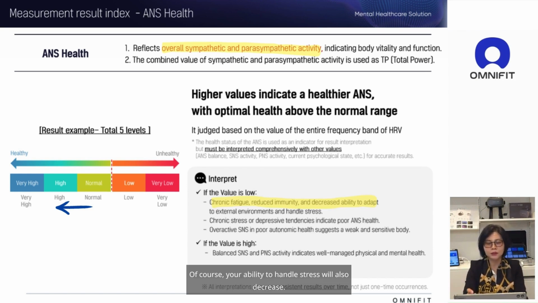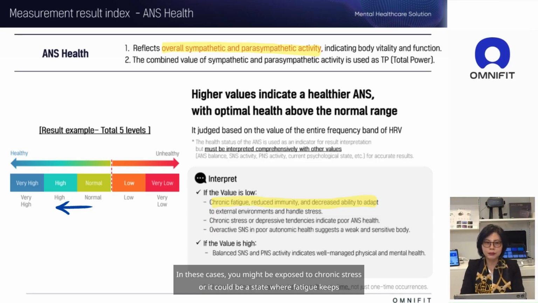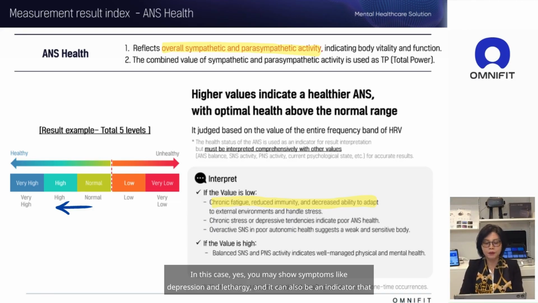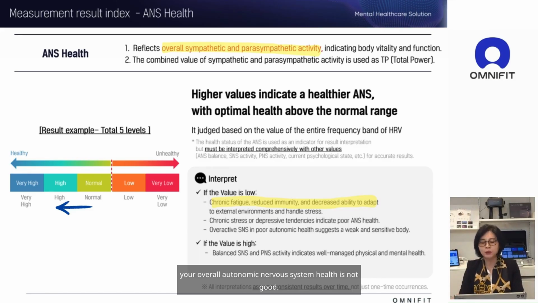Of course, your ability to handle stress will also decrease. In these cases, you might be exposed to chronic stress, or it could be a state where fatigue keeps accumulating due to ongoing tiredness. In this case, you may show symptoms like depression and lethargy, and it can also be an indicator that your overall autonomic nervous system health is not good.